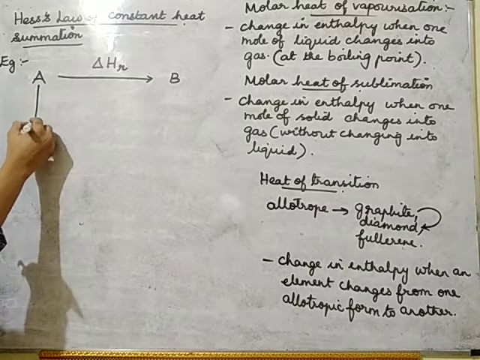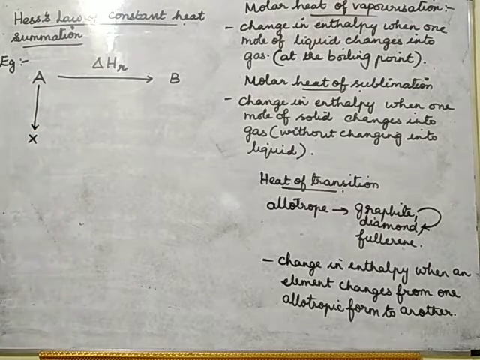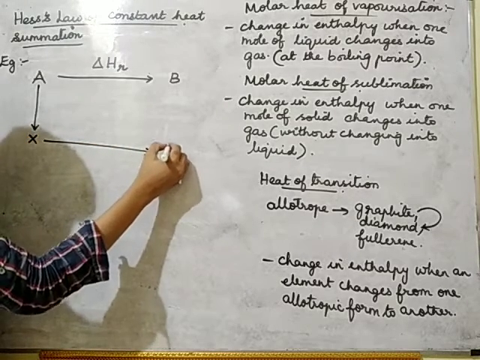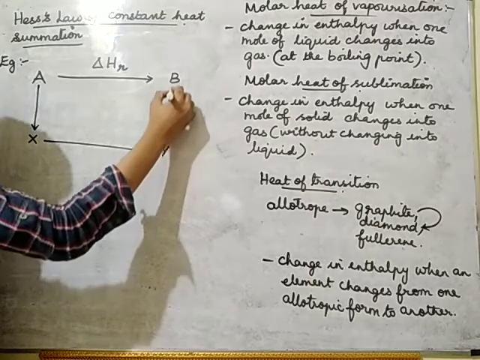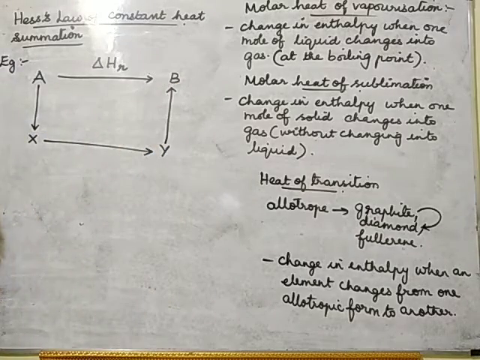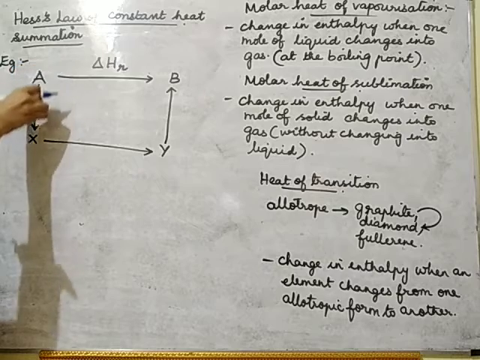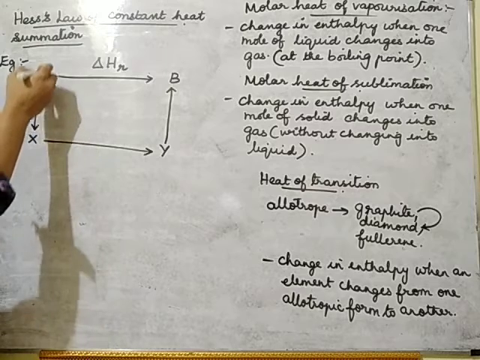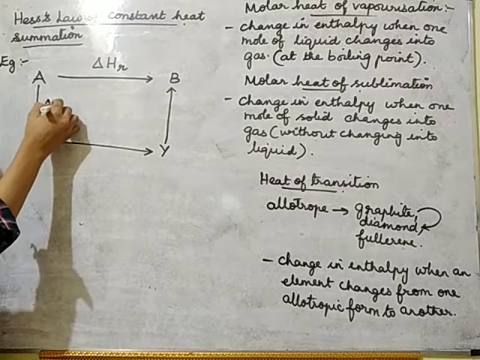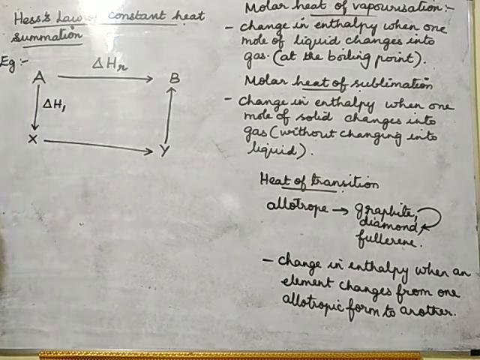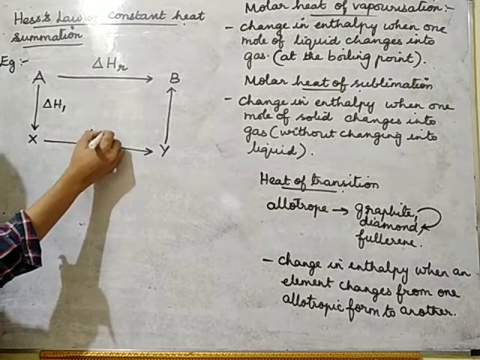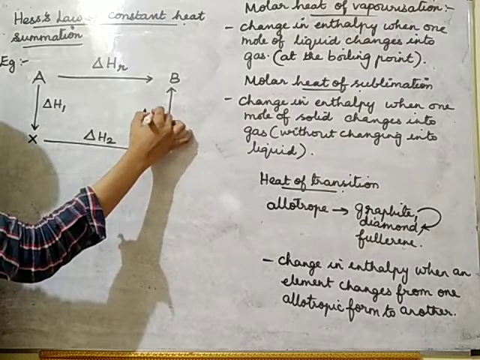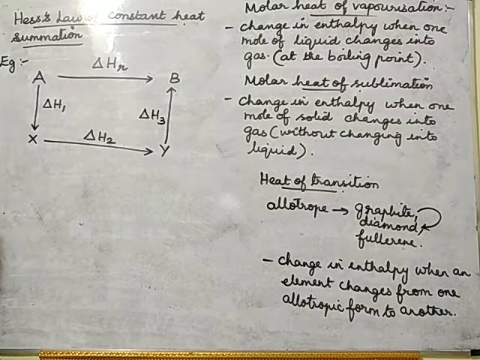But this A is not directly changing into B. First, this A will change into intermediate X. Next, this X will change into Y. Then this Y will change into B. So it occurs in 3 steps. For the first step, the heat change I am writing as delta H1, for the second step delta H2, and for the third step delta H3.